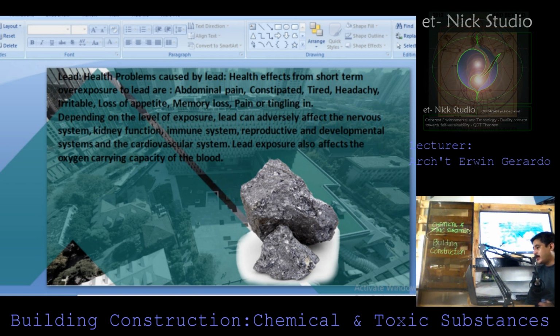Depending on the level of exposure, lead can adversely affect the nervous system, kidney function, immune system, reproductive and developmental system, and the cardiovascular system. Lead exposure also affects the oxygen carrying capacity of the blood.